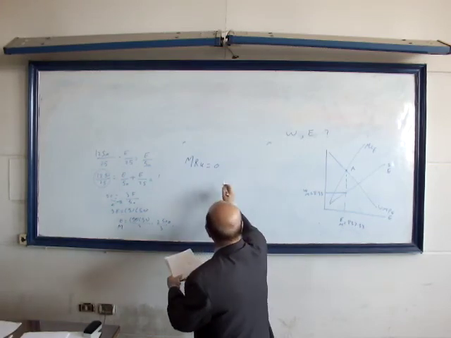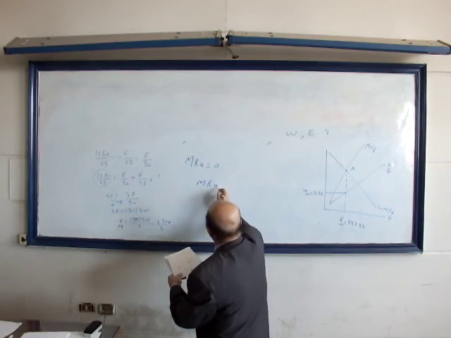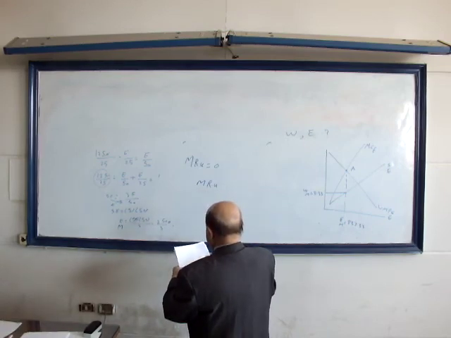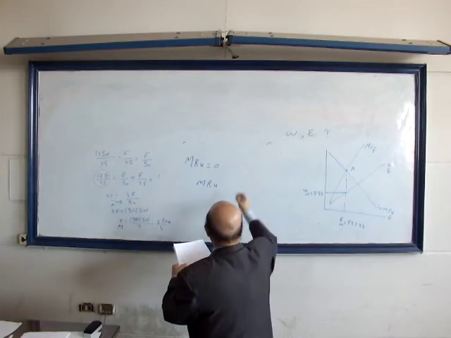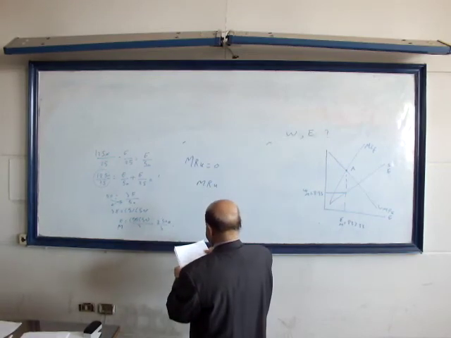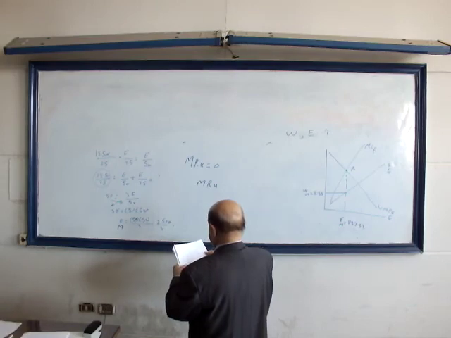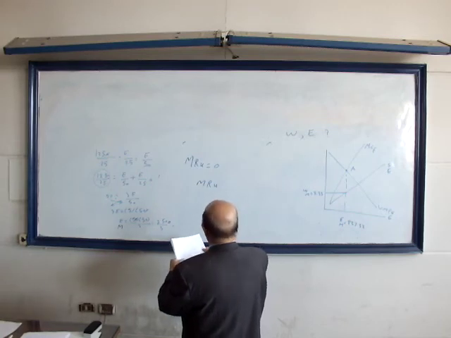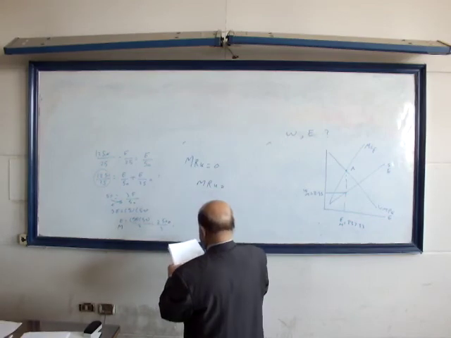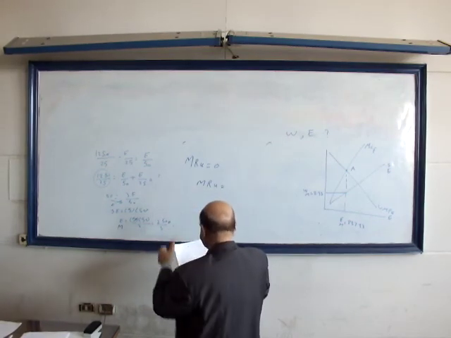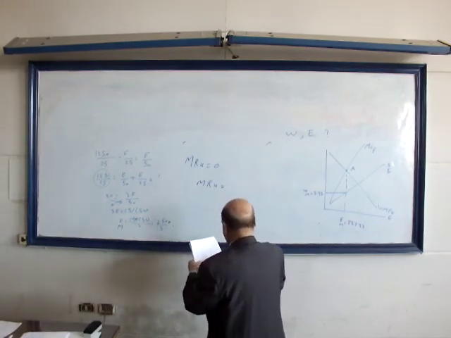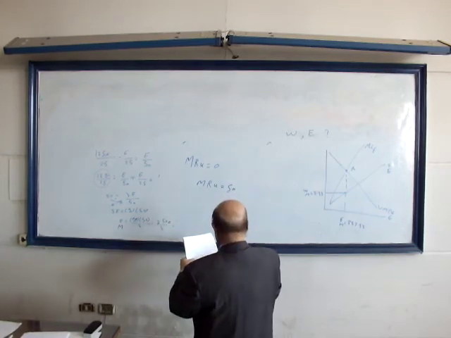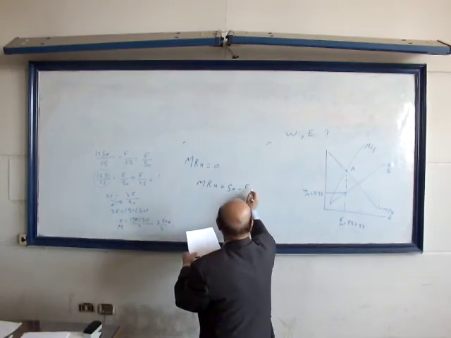MRU equal, let me say from demand. Let me start with ARU first, which was 50 minus E over 25.